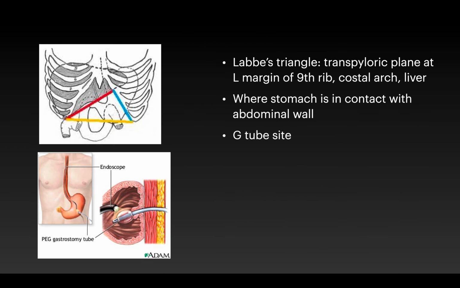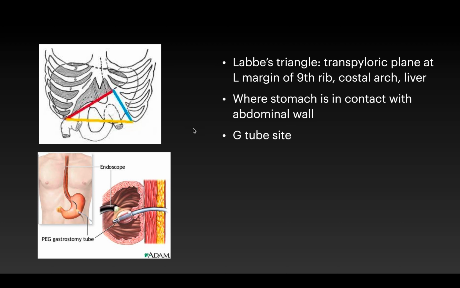So Labbe's triangle is at the transpyloric plane, the left margin of the 9th ribs on the left, of course, and the costal arches along with the liver on the right. And it's important because this is where the stomach is in contact with the abdominal wall, it like presses right up against it.